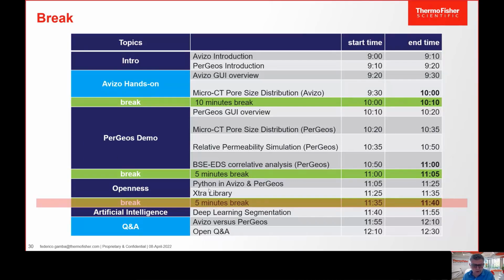So, well, the natural continuation is how do I do deep learning segmentation? Somehow you already got one possible answer: you write your Python code yourself, but this is not super accessible to everyone. So we thought that is something we should develop in the product to democratize deep learning a little bit.